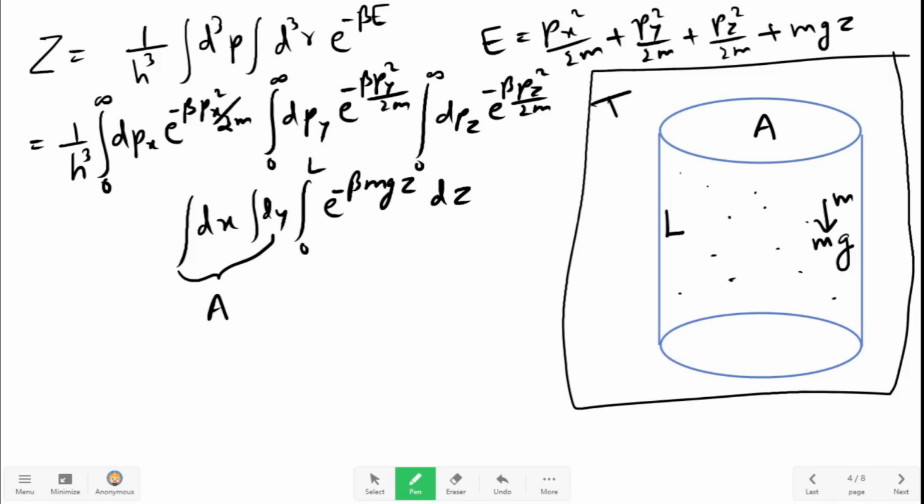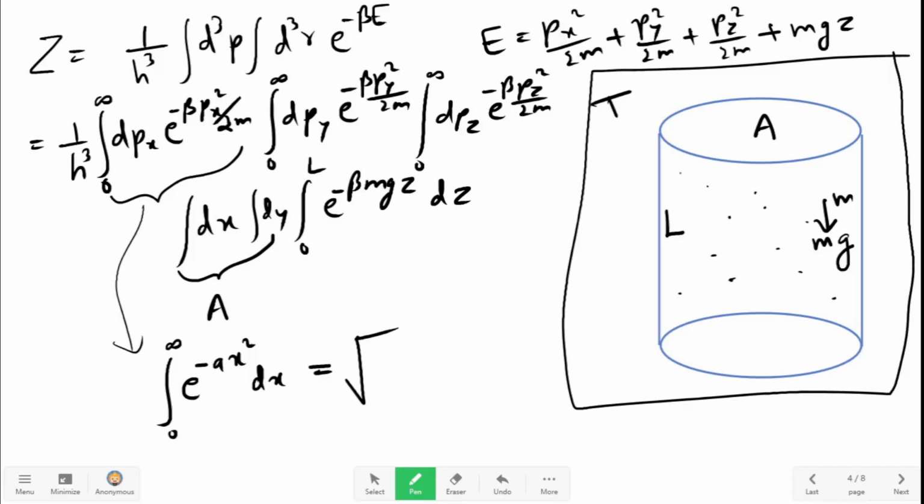Now this integral here is in the format integral e raised to minus a x square dx from 0 to infinity. This is a standard integral and it is equal to root of pi by a. Here, instead of a, we have beta divided by 2m.